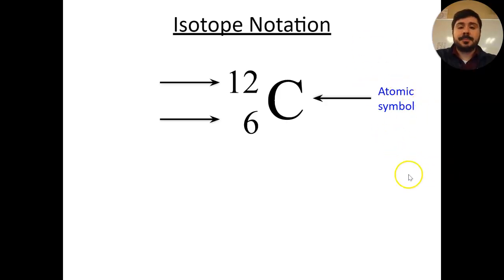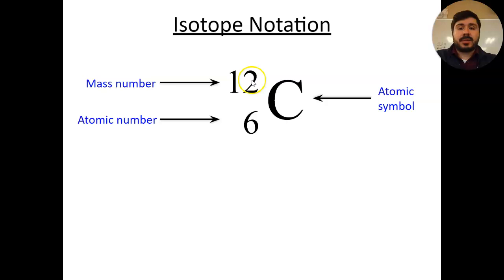So the atomic symbol. In the bottom left-hand side here is going to be the atomic number. Okay, atomic number, again, is just another piece of the puzzle that comes directly from the periodic table, right? Atomic number is always going to be the same for that specific element. So if I've got carbon, that's never going to change. Now, what will change specific to whatever isotope we're talking about is the mass number.